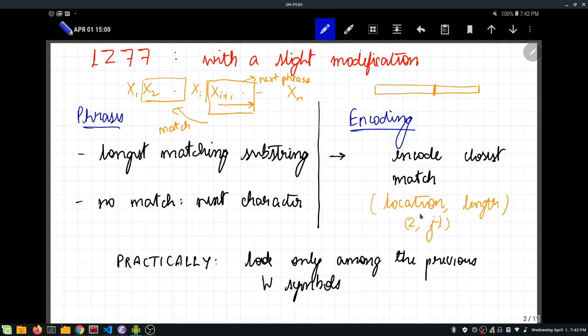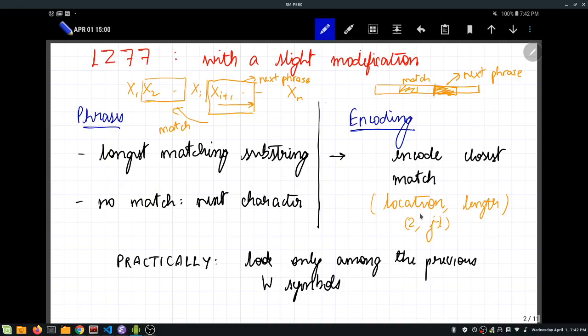You are trying to encode this particular phrase, so this is your next phrase, and say this is your match. So this is the phrase and this is the match.